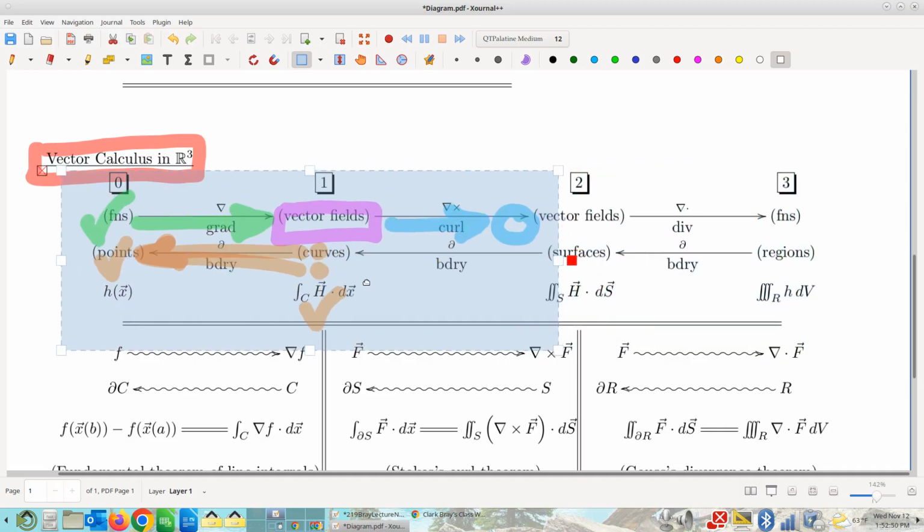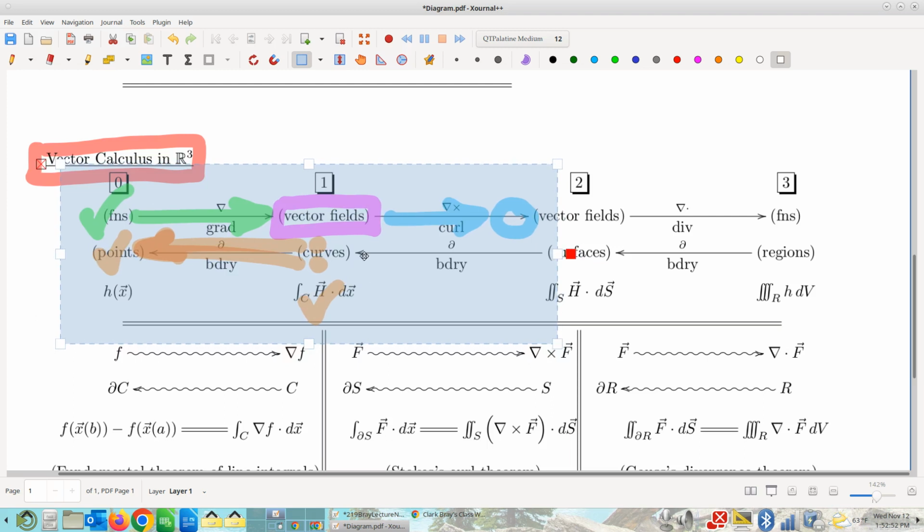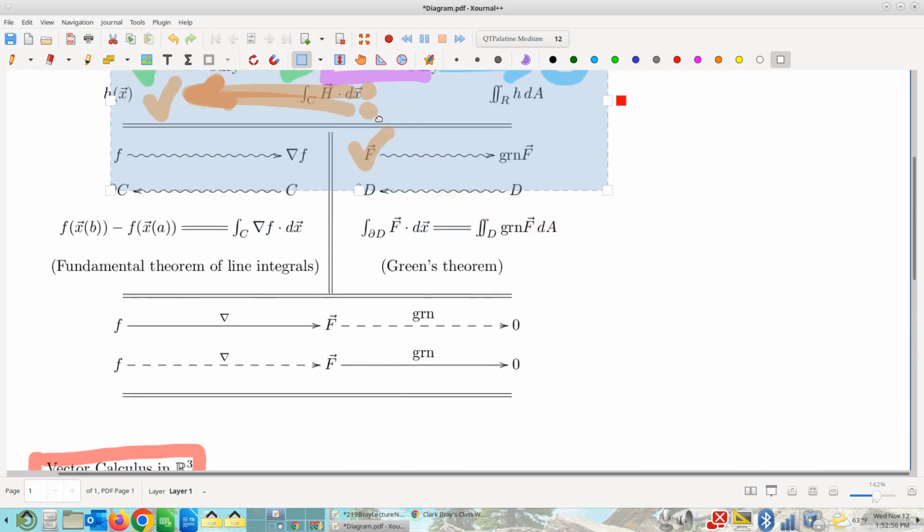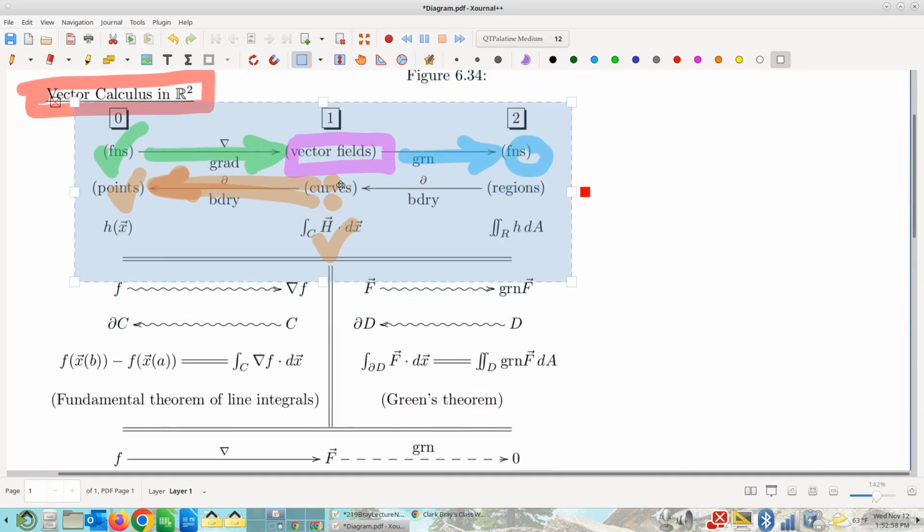It'll apply to this collection of vector fields that have these simultaneous properties. And it will apply to this collection of vector fields that have these properties. You don't have to learn 3 entirely different collections of properties in 3 different contexts. You learn one pattern. And that pattern applies everywhere on the diagram that it fits.